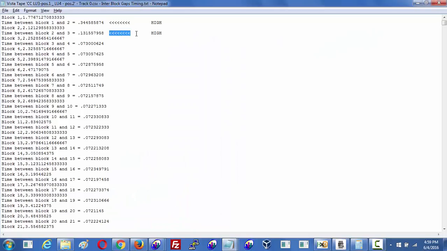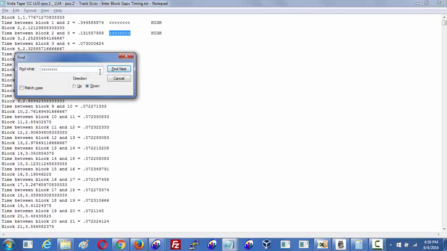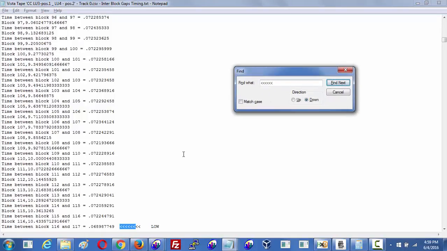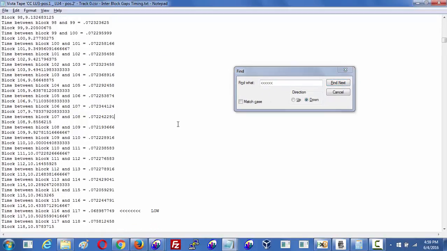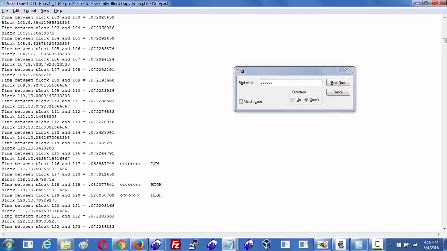So I'm going to do a text search here for these arrow things that I put in this file that my program writes, and I find that there are some problems between block 116 and 117, between block 118 and 119, and between block 119 and 120. Now, I'm not going to go into this except to say that my program already identified errors here.